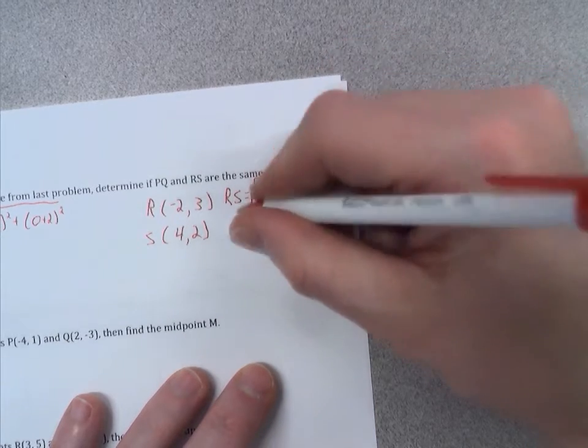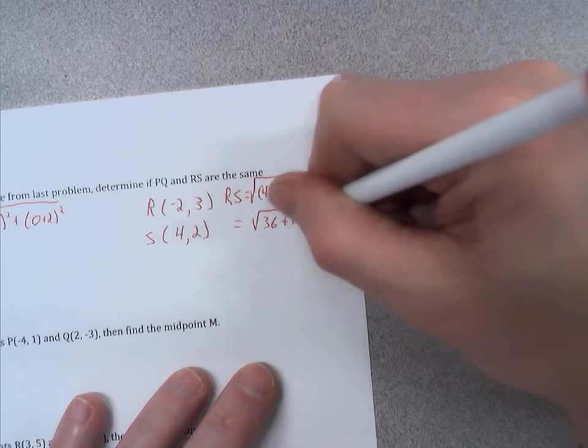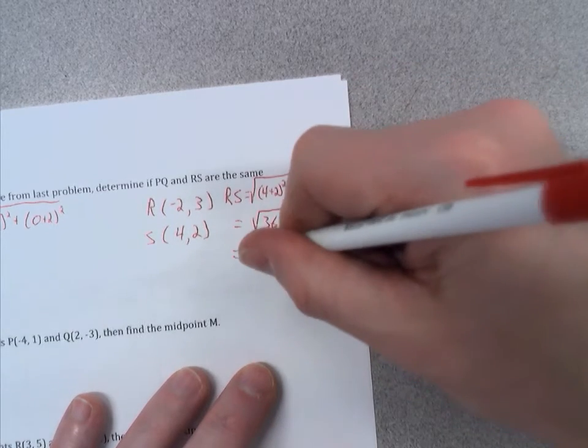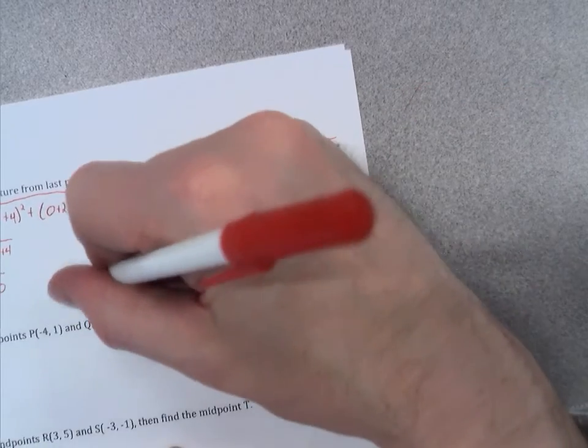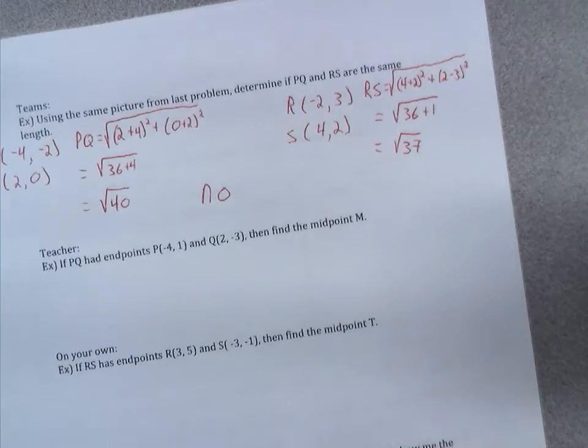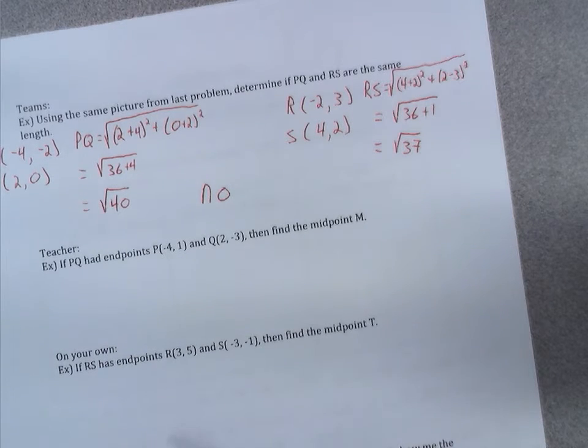And we're going to get the square root of 36 plus 1, which equals the square root of 37. So are they the same length? No, not at all, because one ends up being the square root of 40, the other is the square root of 37. Those do not have the same length.